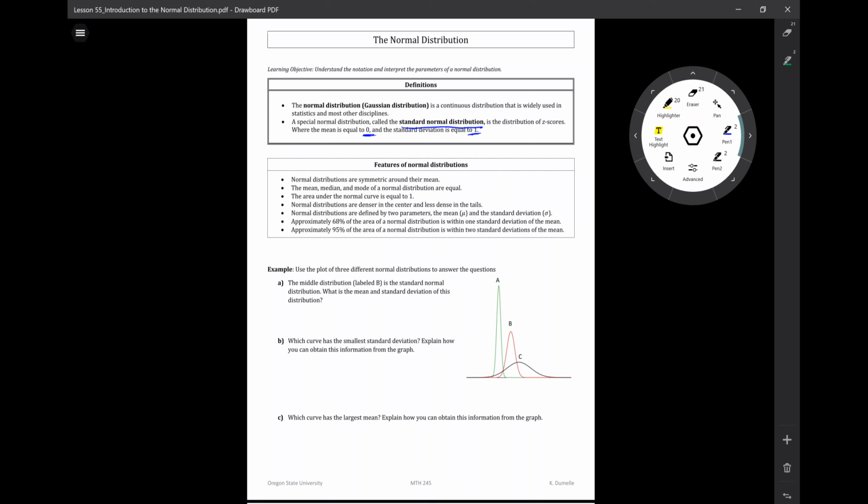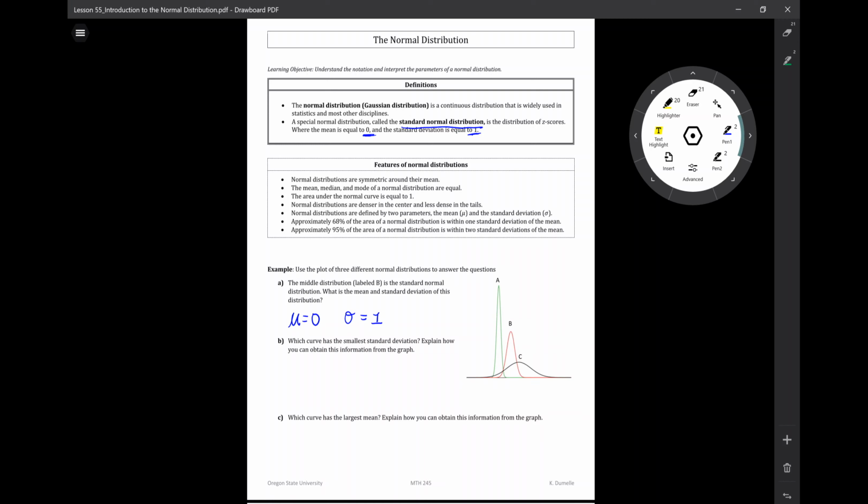So if this is my x-axis down here, then my y-axis would be here, because this is 0, when we're centered around the mean or the median. So the mean, mu, is equal to 0, and the standard deviation, sigma, is equal to 1, since this is the standard normal distribution.